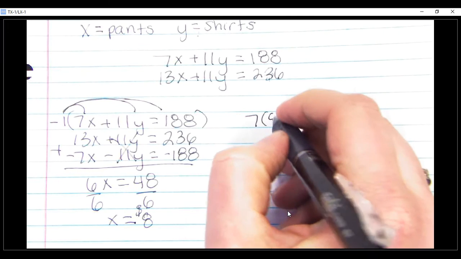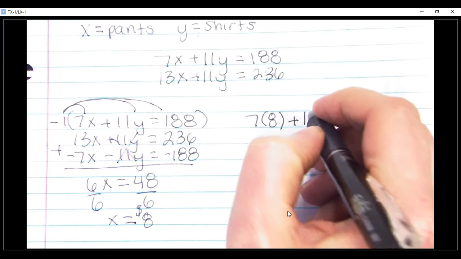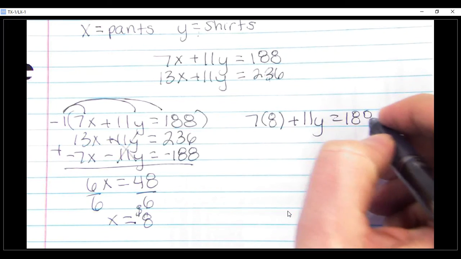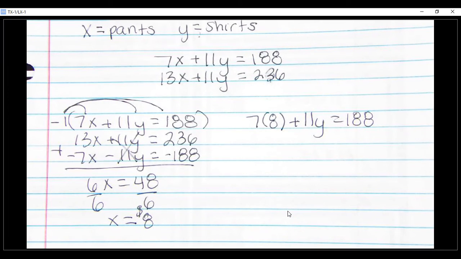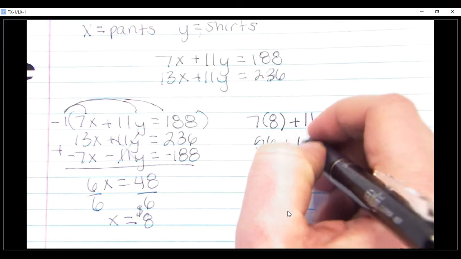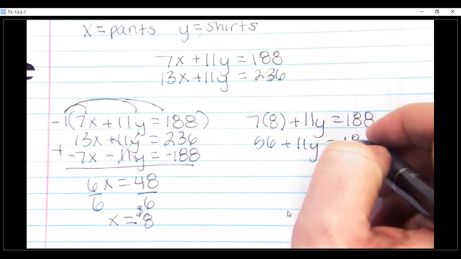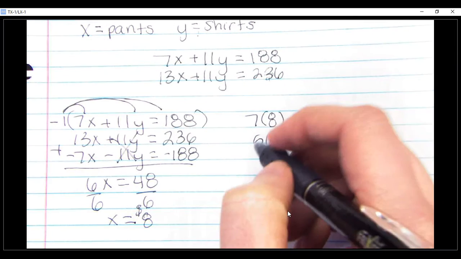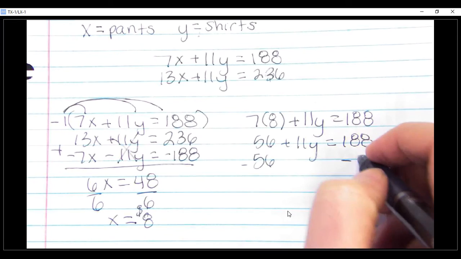So 7 times 8 plus 11y is equal to 188. 7 times 8 is 56. Plus 11y is equal to 188. Minus the 56 on both sides.